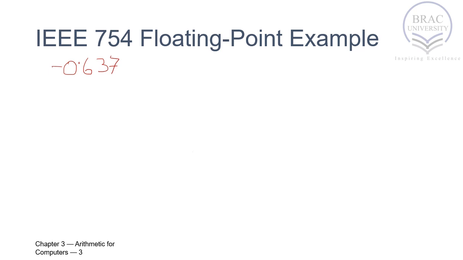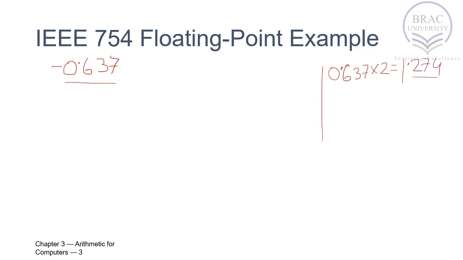The first thing that we need to do is convert this 0.637 into binary value. How can we do that? Let's see some steps. 0.637, we need to multiply it by 2, which would give us 1.274.